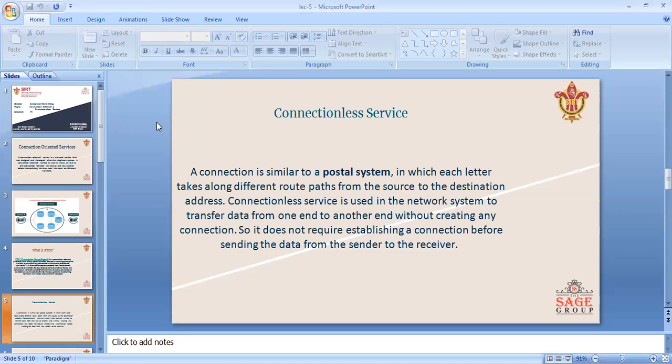In connectionless services, there is no time-consuming process because there is no need for establishment or termination of any connection. The network system transfers data from one end to another without creating any connection. It does not require establishing a connection before sending data from sender to receiver.